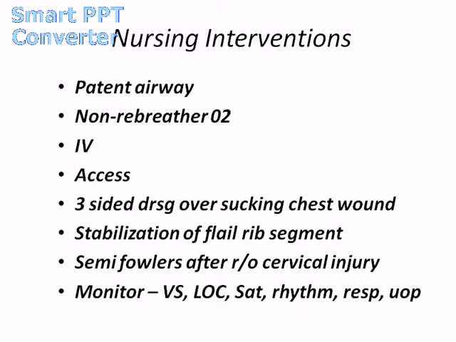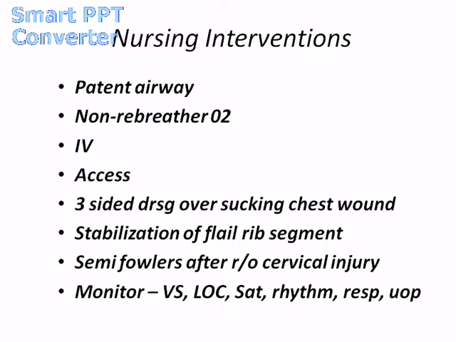We stabilize any impaled objects with a bulky dressing. If there is a knife sticking out of their body, we do not pull it out. We just stabilize it. We assess for other significant injuries and treat appropriately. We stabilize a flail rib segment with our hand or large pieces of tape so that it won't suck in and out.